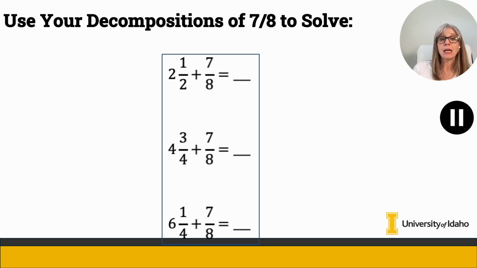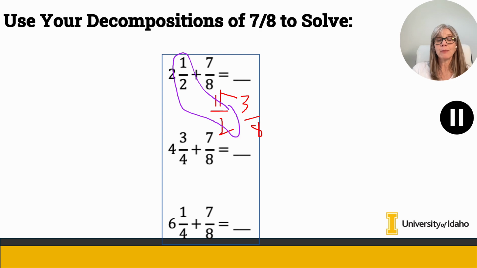So 7/8, I know I can decompose this into a half and 3/8, because I know that's 4/8 and 3/8, right? And I'm going to do a tree diagram. I know now I can take that half and combine it.